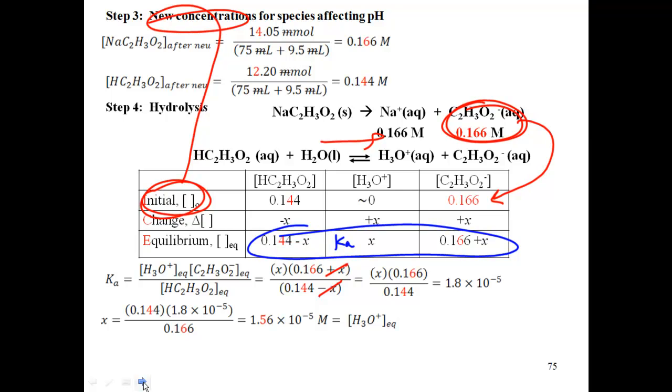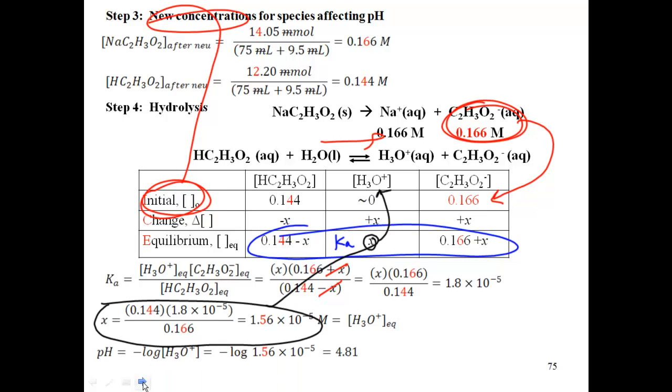What does X represent in this problem? In this problem, X represents hydronium ion. That's important. Make sure that you know what X is representing. If this was a base problem, it'd be hydroxide. Which gives me pH is equal to the negative log of hydronium ion, which gives me negative log of 1.56 times 10 to the negative fifth, which gets me a pH of 4.81.